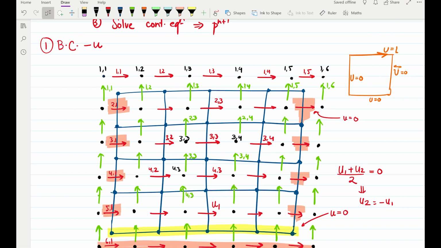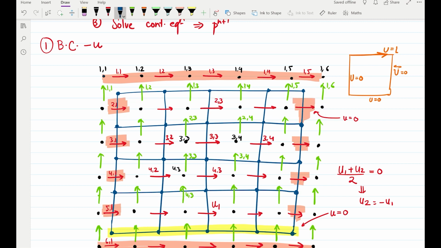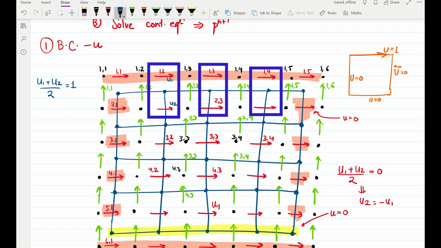The same idea would apply for the top grid. So on the top, we have some u velocities that are unknown, but we have a layer of u velocities that we have already evaluated. And because the u velocity at the top lid is supposed to be 1, in a similar way, we can say that (u1 + u2)/2 should equal 1, where u1 and u2 could be any corresponding neighboring velocities.